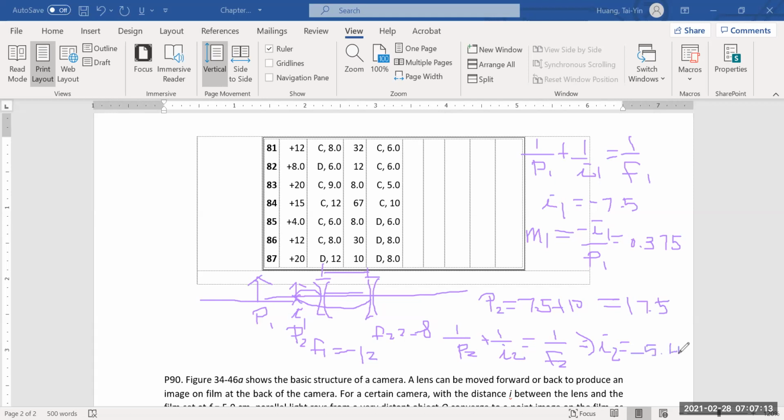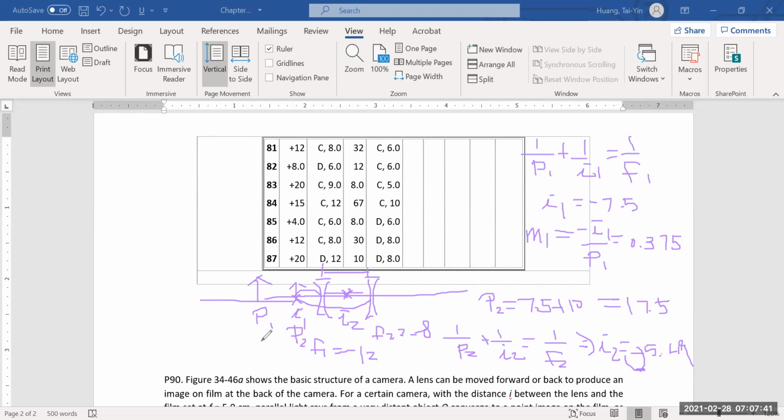So this being negative means that your image again is virtual, and it has to be on the same side where the object is. Remember, we're talking about the second object, so P2. So on the same side, and that'll be 5.4. So it will be somewhere here. So this is your I2. Okay, so your final image is virtual, and it will be in front of the second lens.